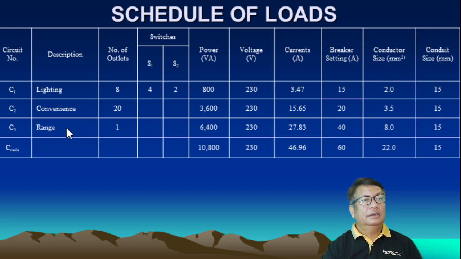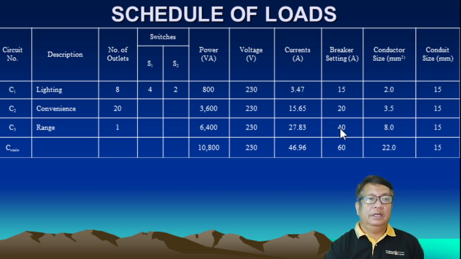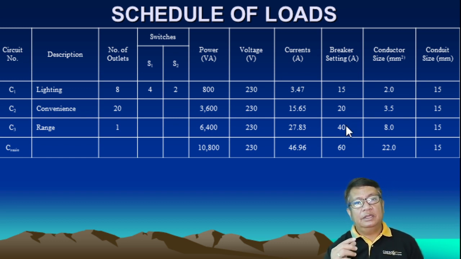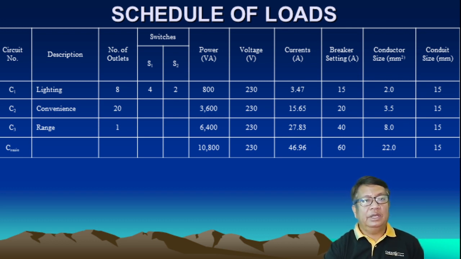For the electric range, you cannot use 20 here because we have 27.83. You also cannot use 30 amperes. Why? Because one important thing in assigning breaker protection is that your breaker should not be used beyond 80% of its rated load.